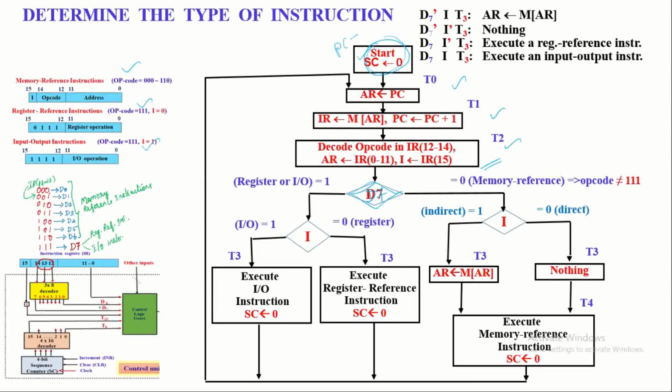Then D7 will not be activated if the input to the decoder values are not 111. Then D7 will not be enabled. In other words, we can say that D7 will be enabled only when the input to the decoder is all set to 111.